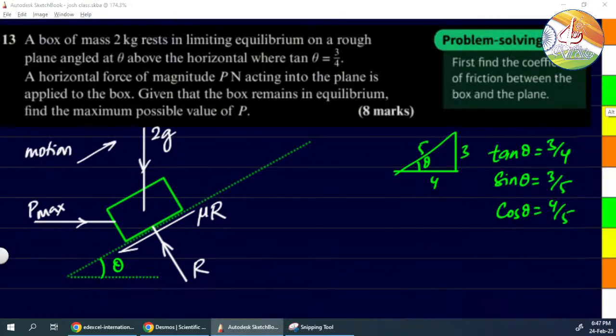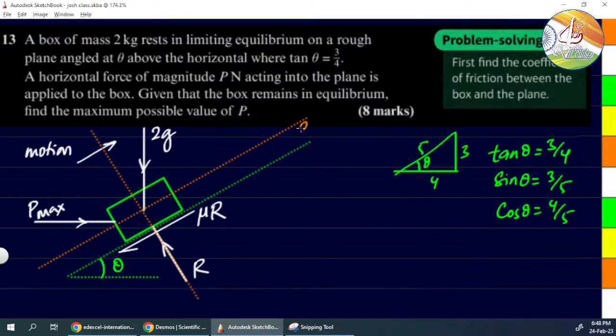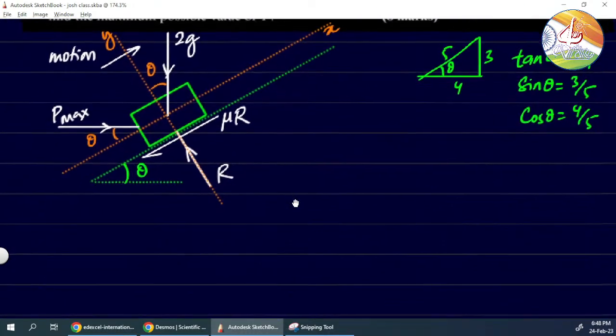Now we have to take our x and y axes. Let's take this as the x axis and this as the y axis. So this angle will be the same as theta, and the same way this angle here will be the same as theta. So this is our diagram, and we have to start solving it.